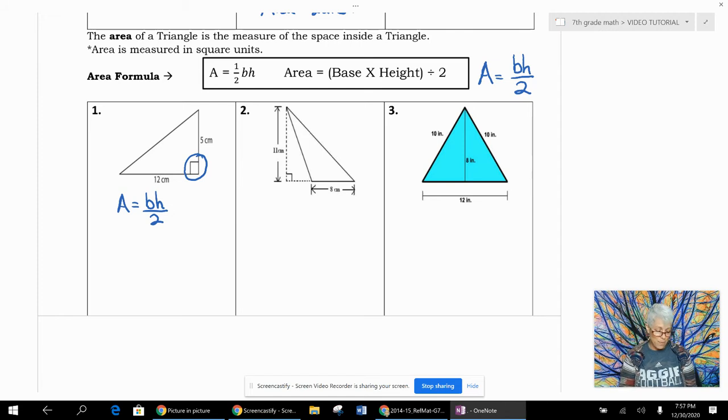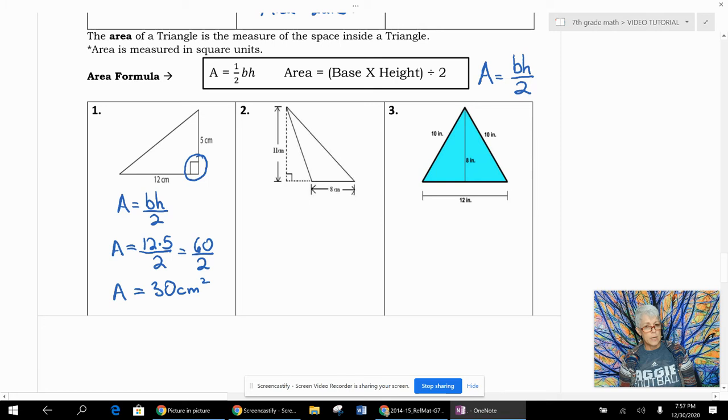So please start with the formula. Area equals 12 times 5 divided by 2. 12 times 5 is 60. 60 divided by 2. Area equals 30 centimeters squared. Easy peasy.